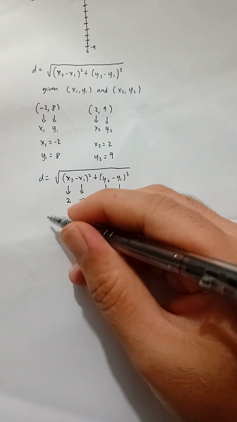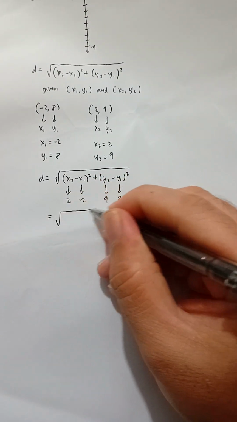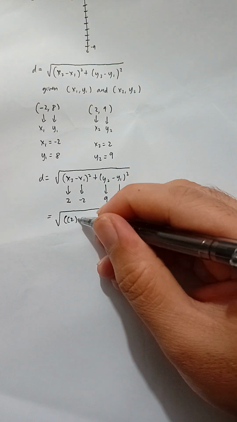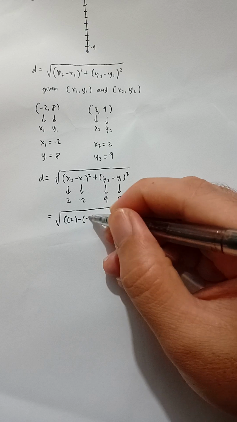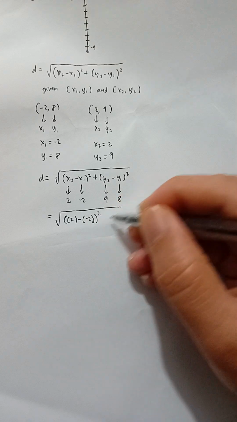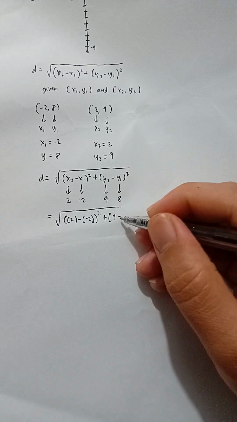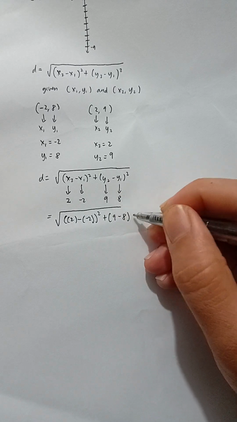By substitution, x sub 2 becomes 2, x sub 1 becomes -2, squared, plus y sub 2 becomes 9, y sub 1 becomes 8.